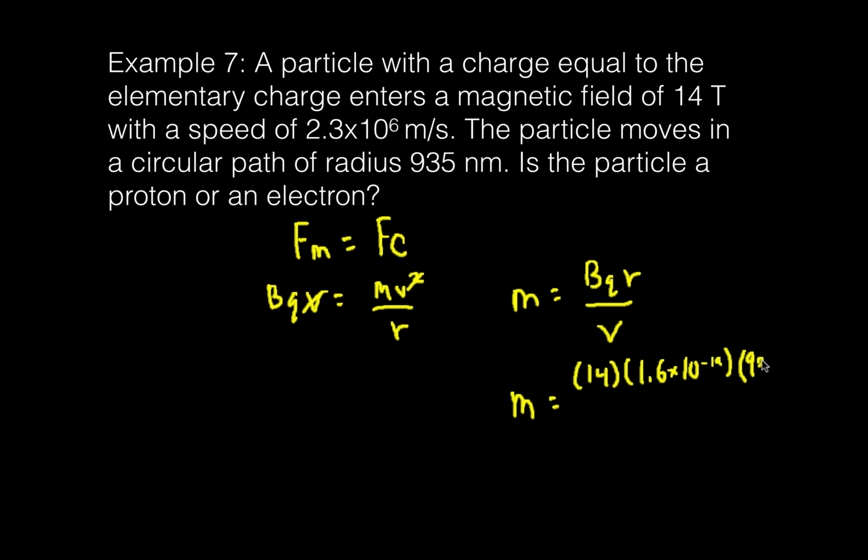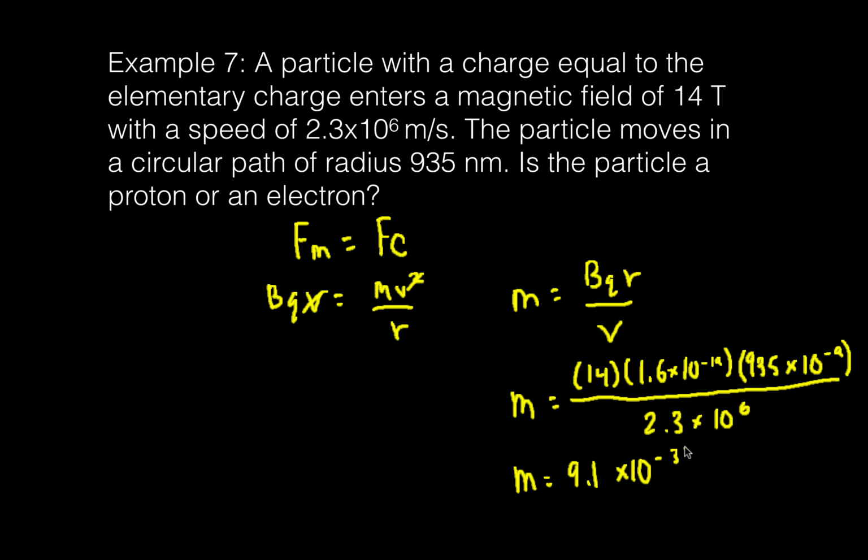So we write this as 935 times 10 to the negative 9, because nano is negative 9, divided by the velocity of 2.3 times 10 to the 6 meters per second. This gives us a mass equal to 9.1 times 10 to the negative 31 kilograms. And when we look at our formula sheet to look at the masses of various particles, we see that this is the mass of the electron.